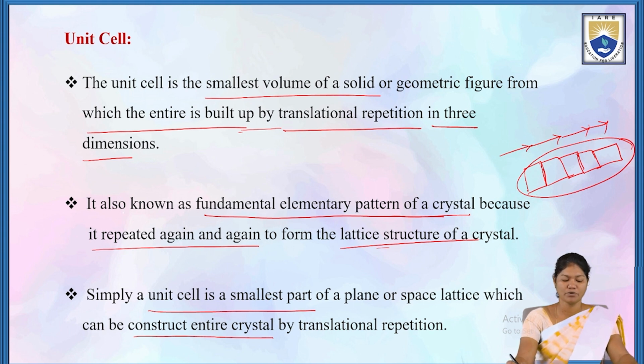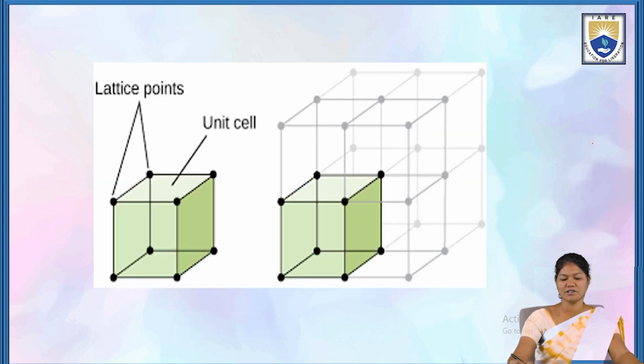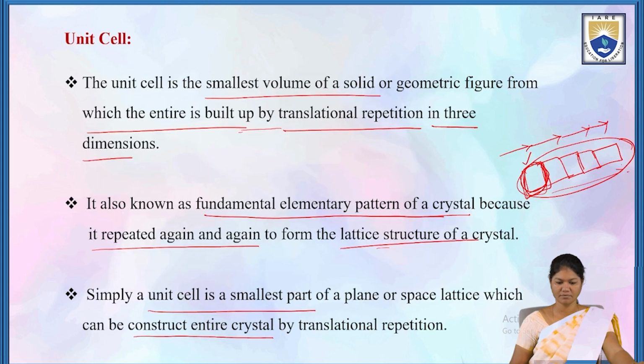In this plane lattice, this is the smallest part, through which the entire crystal is constructed by translational repetition. The unit cell is repeated again and again so that the complete crystal will be formed.